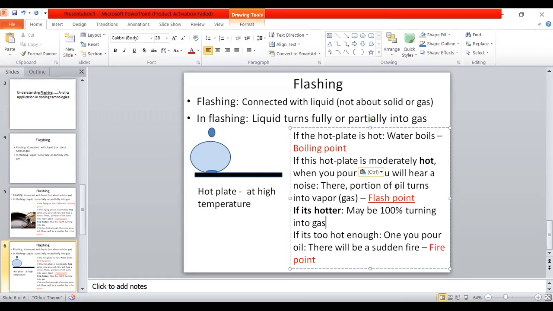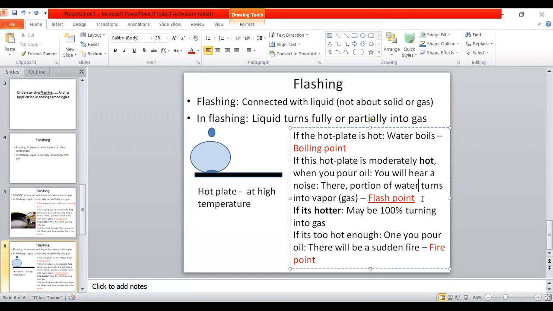So here, a portion of the water turns into vapor, so it is flashing. If it is very hot, maybe 100%.